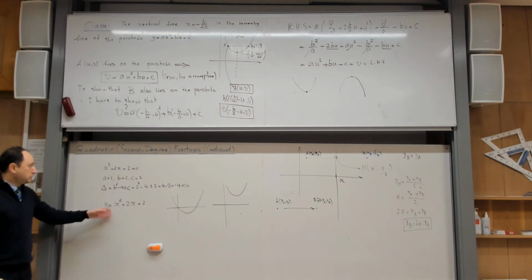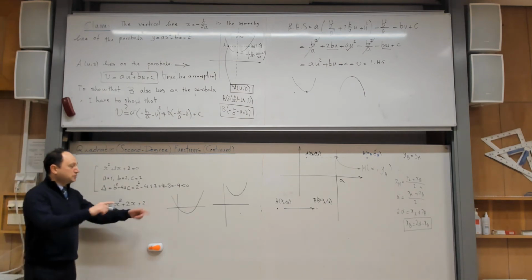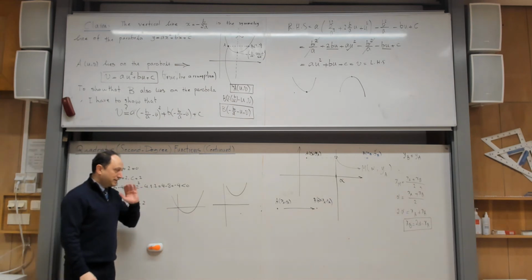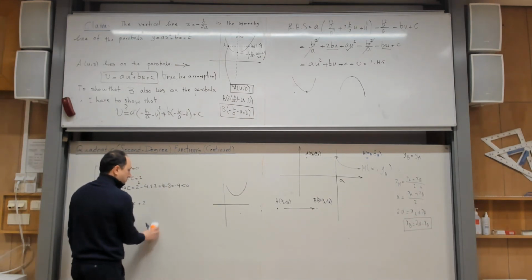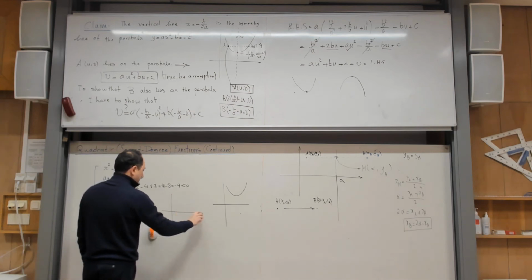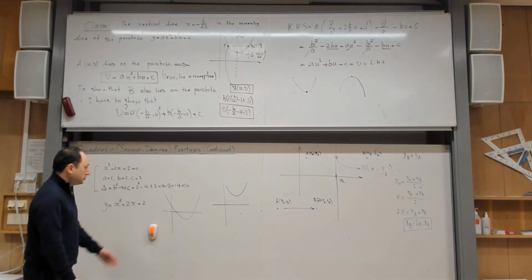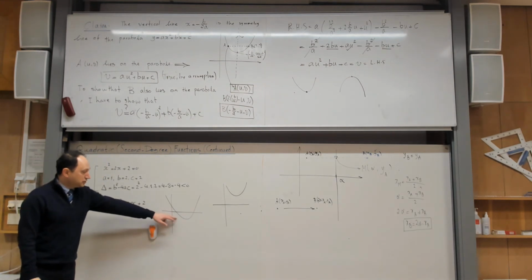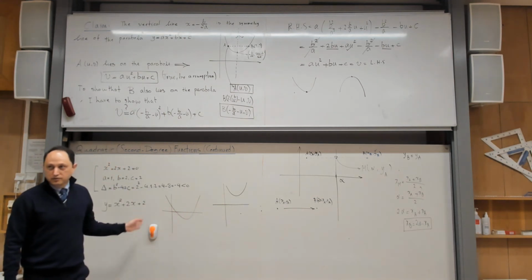Based on what you see here on the board, do you think this is closer to the graph of this function, or that one? Yes, Tim, and why?